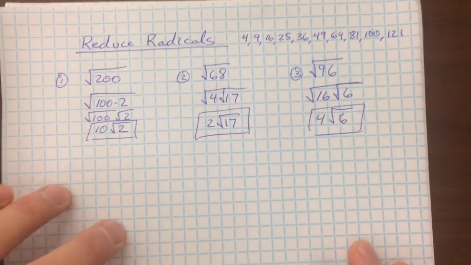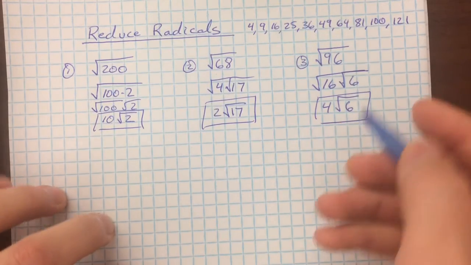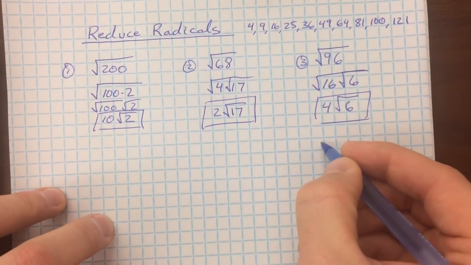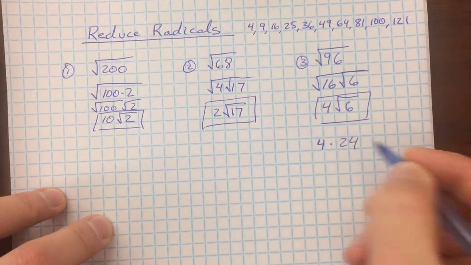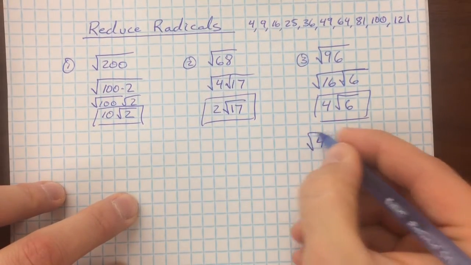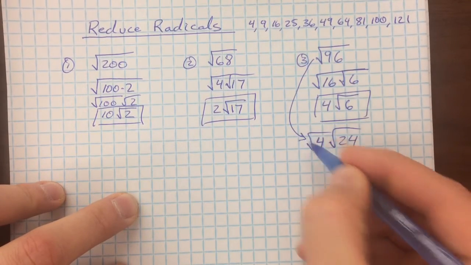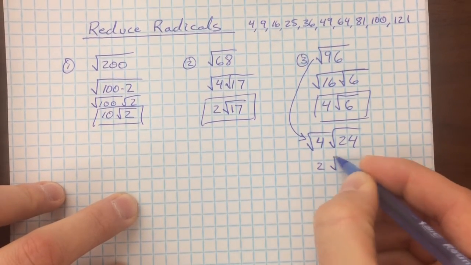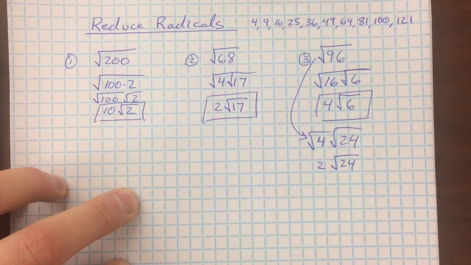Now sometimes you might get a problem of what if I don't see it right away? And let's say that we do 96 divided by 4, and we say 4 times 24. And so instead of finding the 16, which is the biggest one, I find the 4, and I reduce it to 2 square root 24. Well, then I want you to look at 24 and say, have I factored out all of the perfect squares?